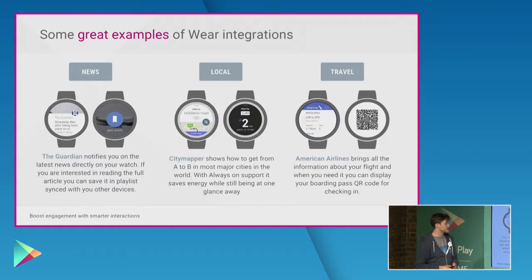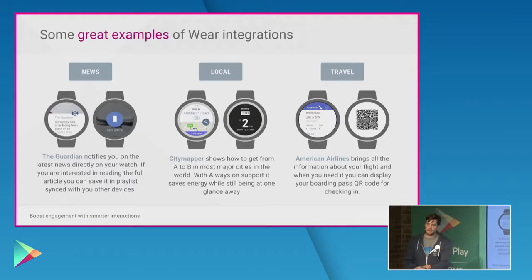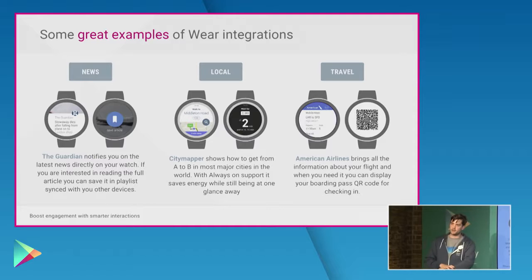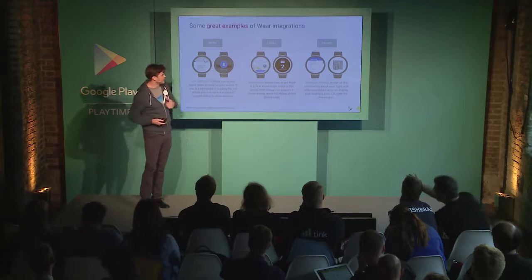Citymapper has a great use case where it shows you how to get from A to B in most major cities. And with Always On, it saves energy while you're commuting around London. And American Airlines has a great use case where all your flight information is available on your wrist, which is great if you don't want to keep getting out your smartphone because you forgot what seat you're sitting in, and you're also carrying some luggage.